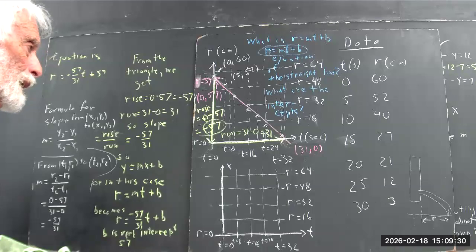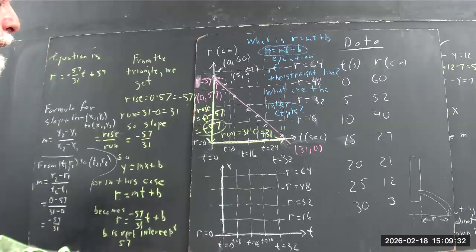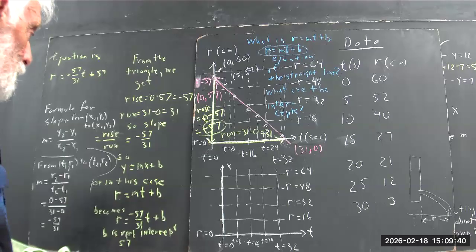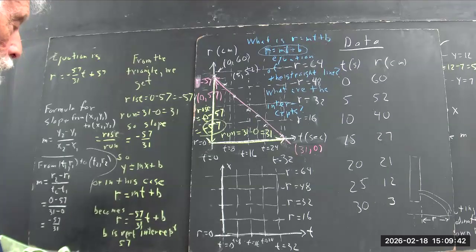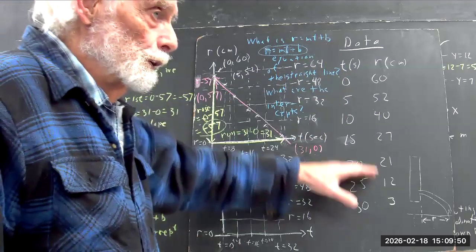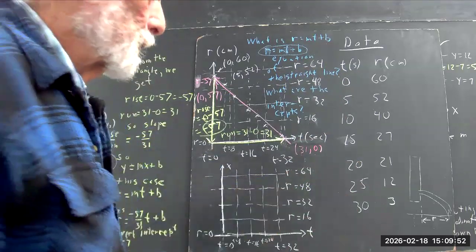Okay, now, this is a little confusing because we're using R and T instead of Y and X. And I admit that it would have been better to start with an example just using X and Y. But I thought it would be good to see this in context.